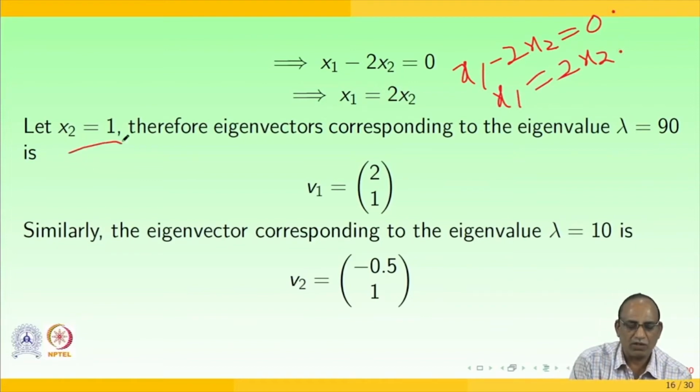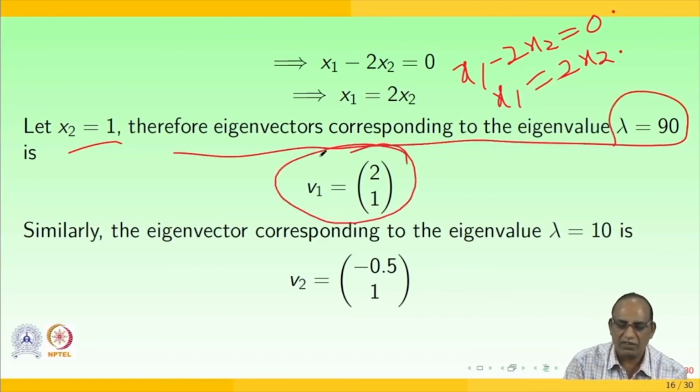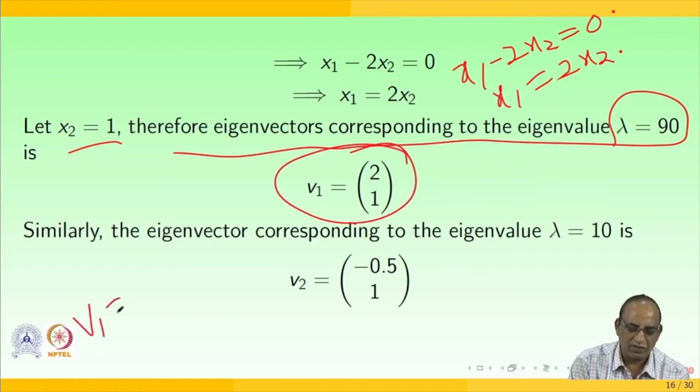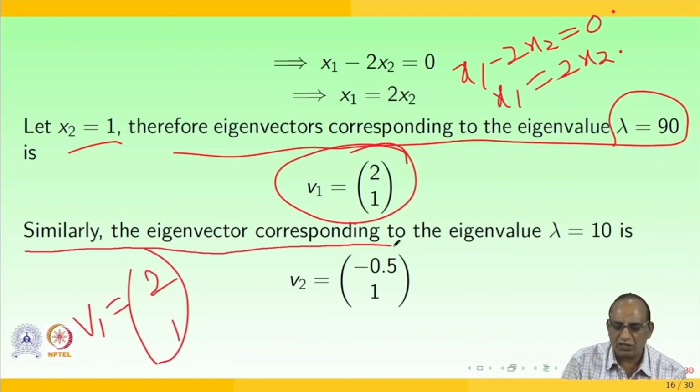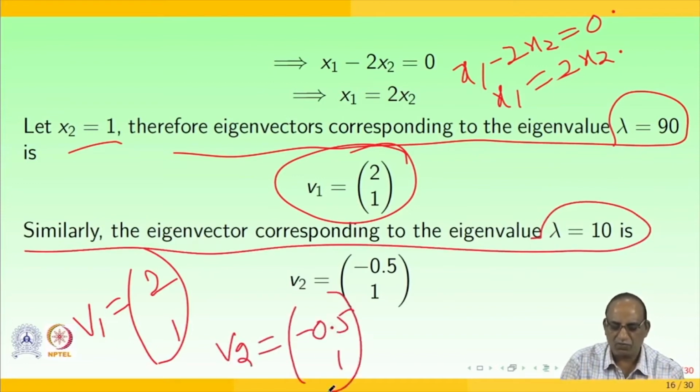Let x2 be equal to 1. Therefore the eigenvector corresponding to the eigenvalue lambda is equal to 90 is v1 is equal to 2, 1. Similarly, the eigenvector corresponding to the eigenvalue lambda is equal to 10 is v2 is equal to minus 0.5, 1.